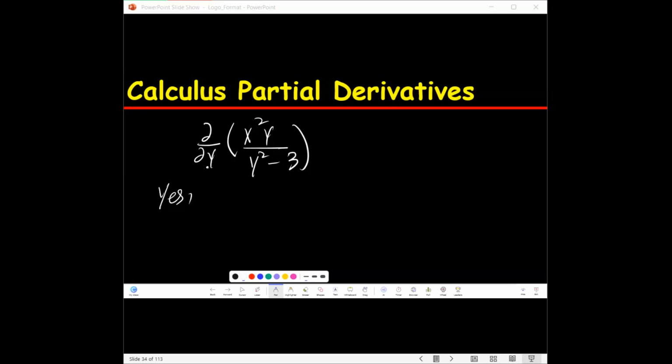Because we are taking the derivative with respect to y, and y is involved in both the numerator and denominator. So yes, y occurs in both the numerator and denominator.